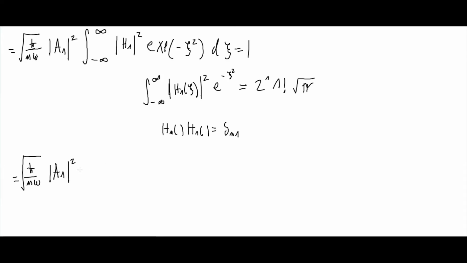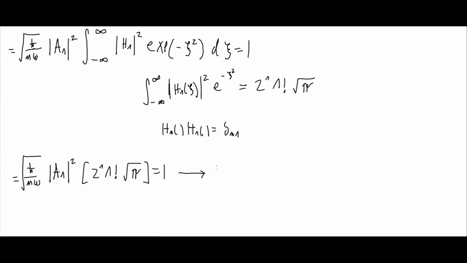So then what we have is our 2 to the n times n factorial times the square root of pi equals 1. And so from here we can just do some algebraic manipulations.